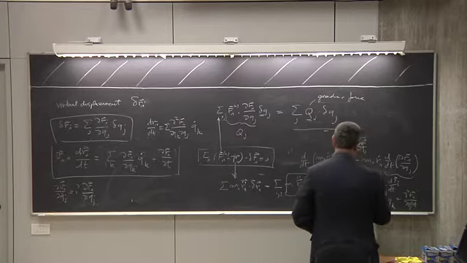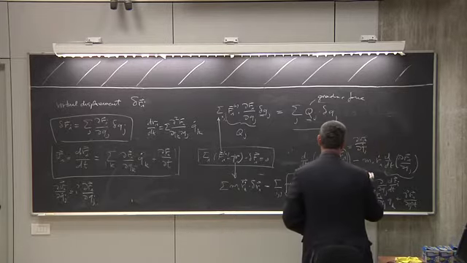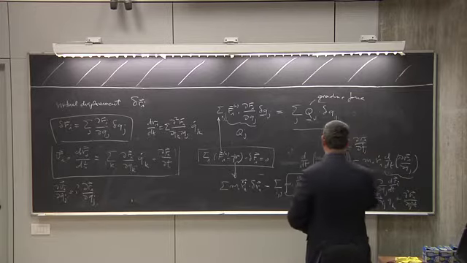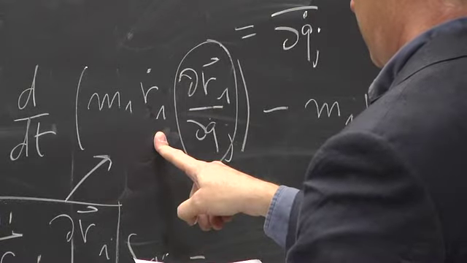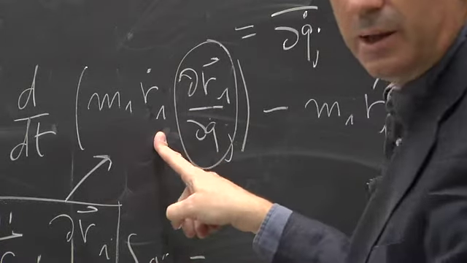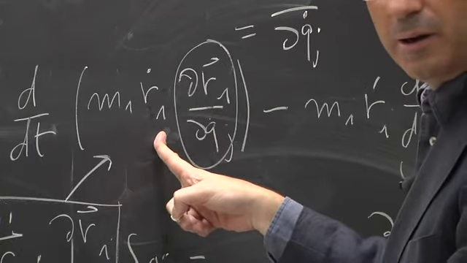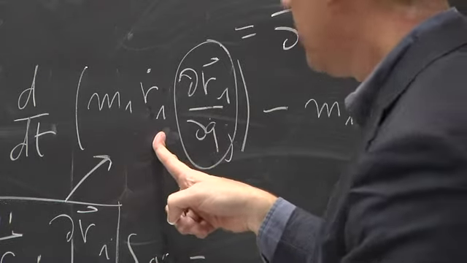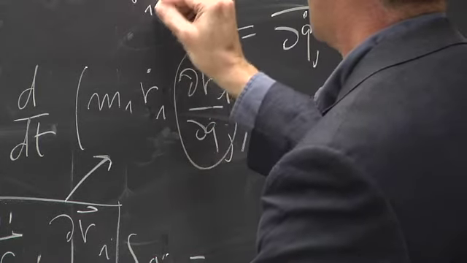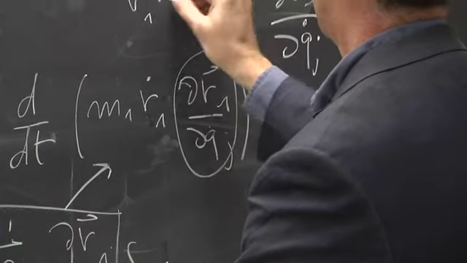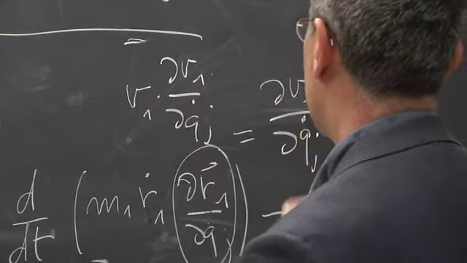In particular, I want to write this as a kinetic term. So look at this. ri dot is what? It is the velocity. So you see here you essentially have vi dot dvi dq dot j.